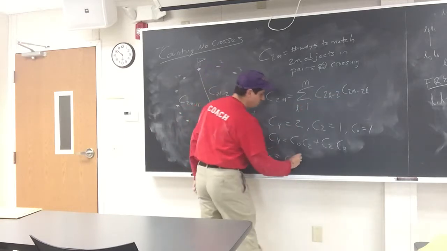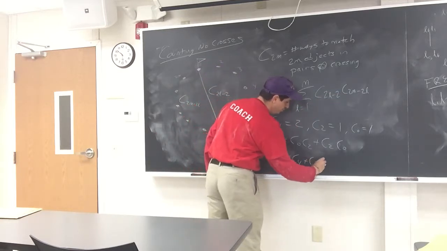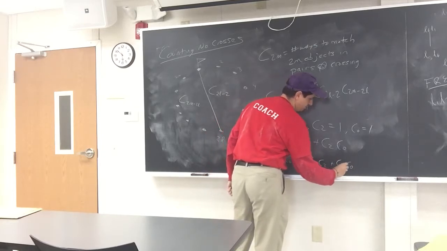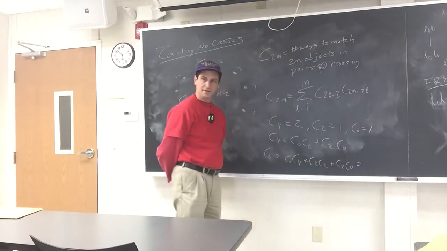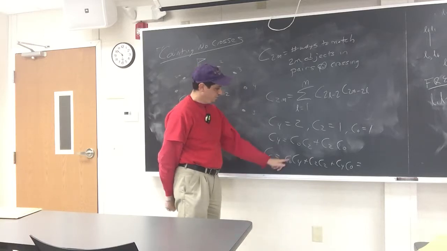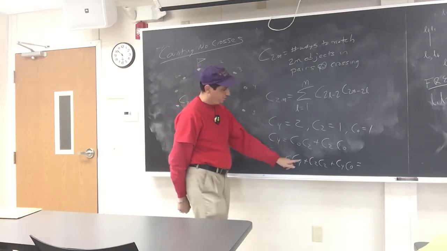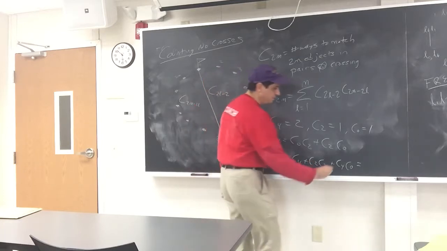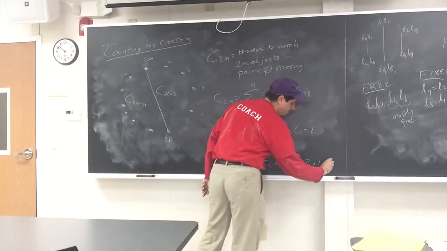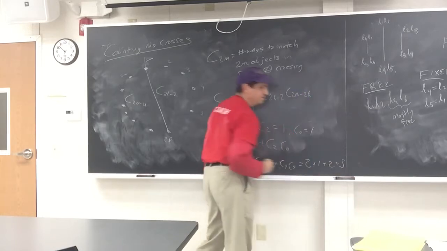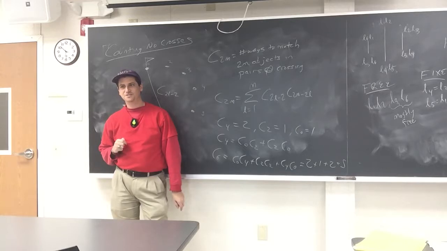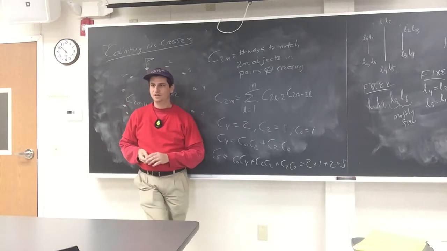So we get C0, C4, plus C2, C2, plus C4, C0. Right? C4 is 2, so that's 2. What's C2 times C2? 1. So we get 2 plus 1 plus 2 is 5. Is that correct?